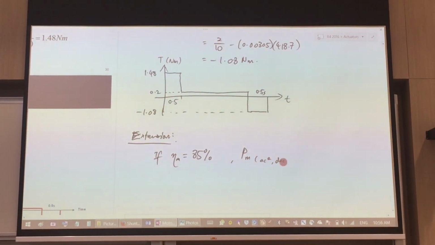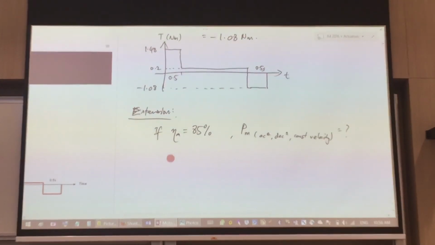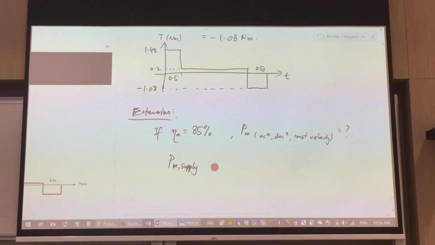What will be the motor power output? The motor power supply is actually equal to the motor output divided by the motor efficiency.